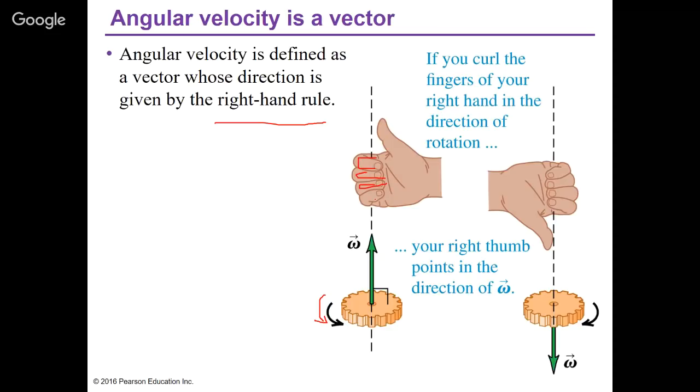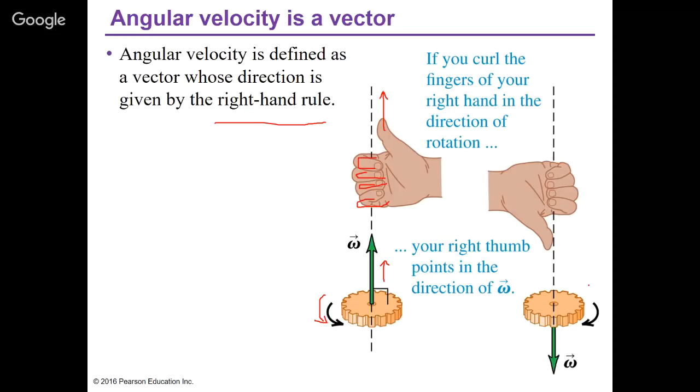Your thumb will point to the direction of this angular velocity. So if you have a counterclockwise rotation for this gear, you do the right-hand rule, and you would find that this angular velocity is pointing upward.